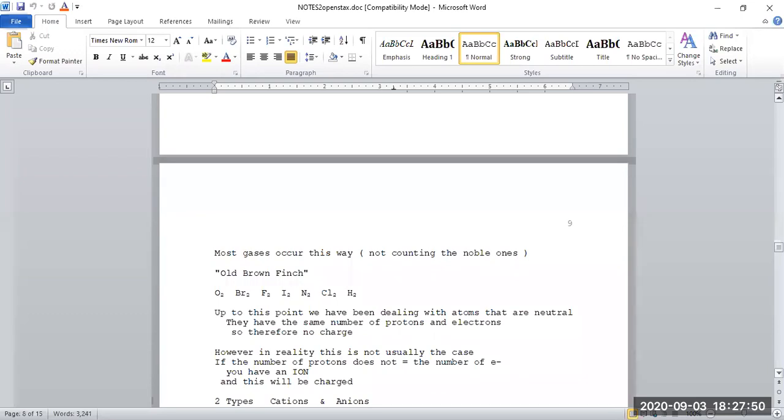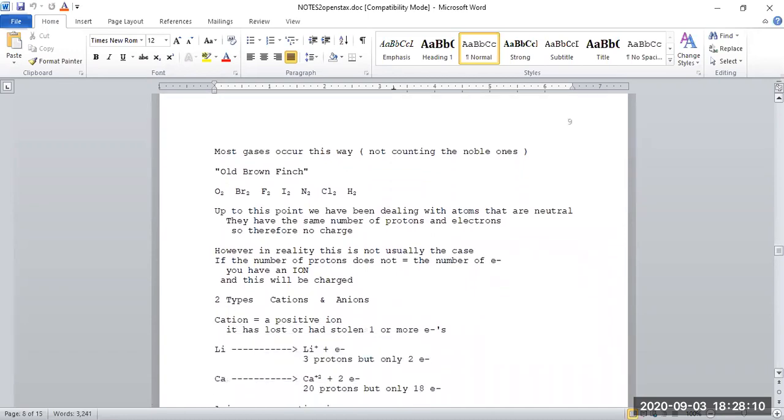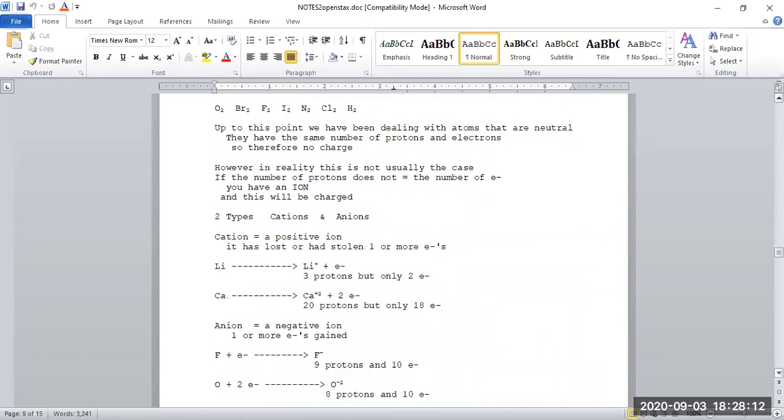So back in the beginning part of the chapter, we talked about wanting an equal number of protons and electrons. Now we're going to begin to stray away from that idea. In fact, a lot of the time, you will not have an equivalent number of protons and electrons.